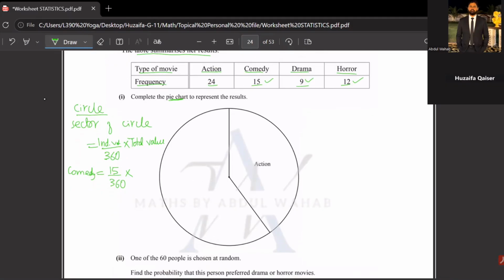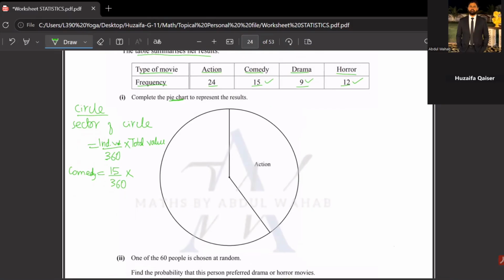We just write 16. We will cancel out the zeros, 6 sixes are 36, 3 fives are 15, 5 upon 2, it's 2.5.